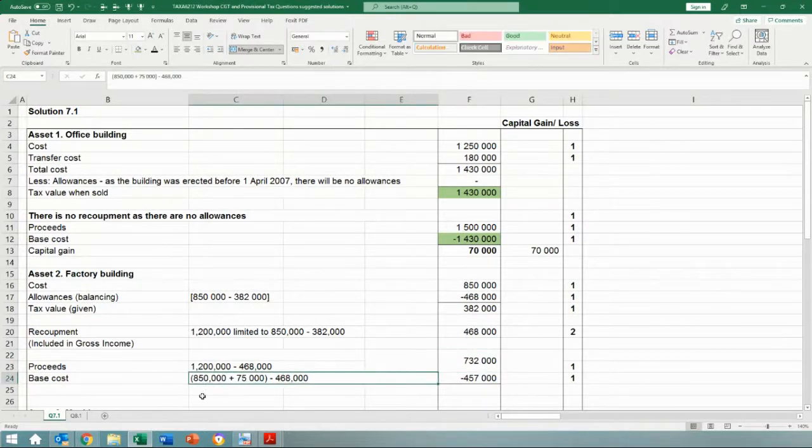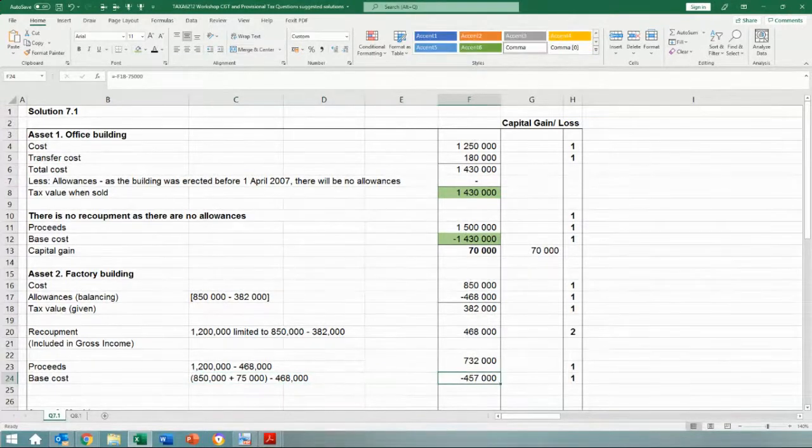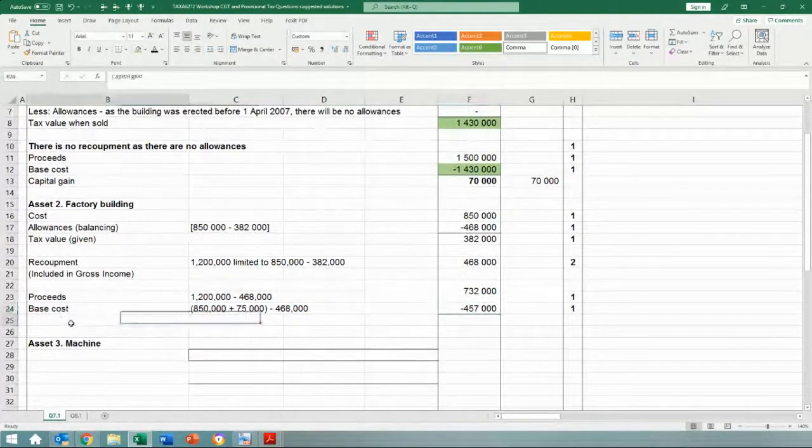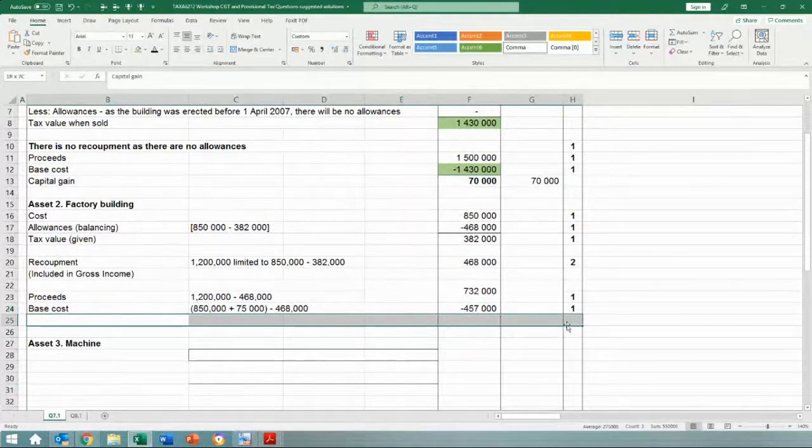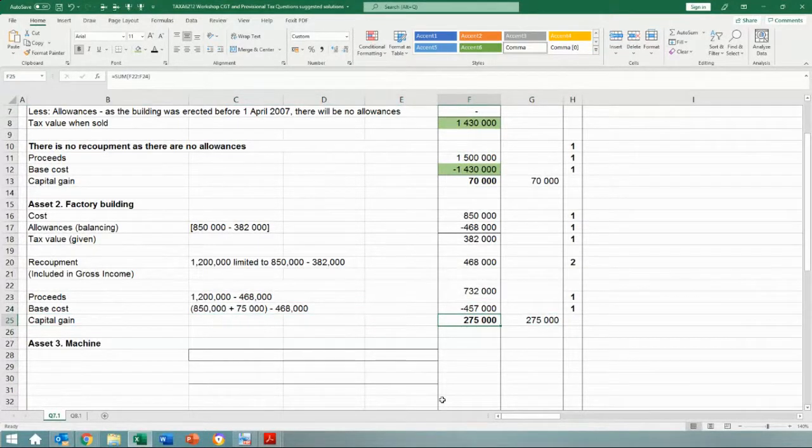Then the base cost is the 850 plus the 75,000 for the legal cost. And I also reduced the base cost with the allowance, which was previously deducted, which is this 468, to get to the new base cost. And then the gain that we've made on that machine would be 275,000.